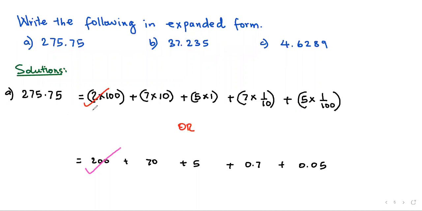Now, remember, in part A, we used this method and this one. And in part B, we are using this method. I want to show you a different method, but it is also okay.